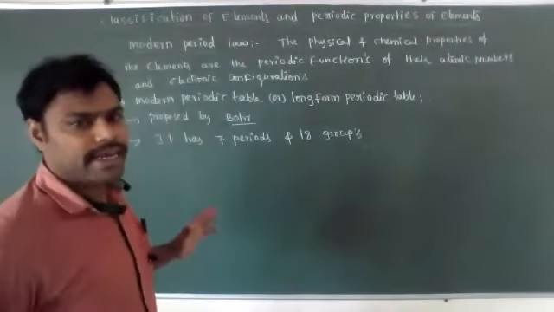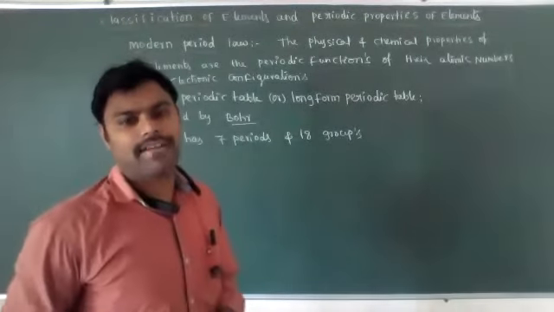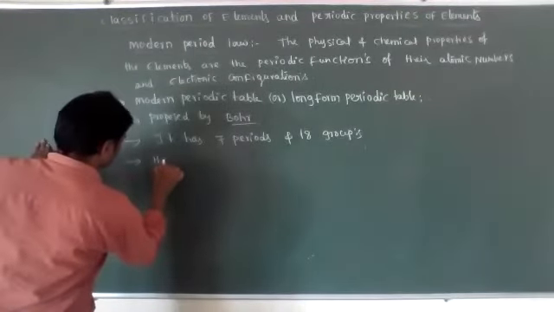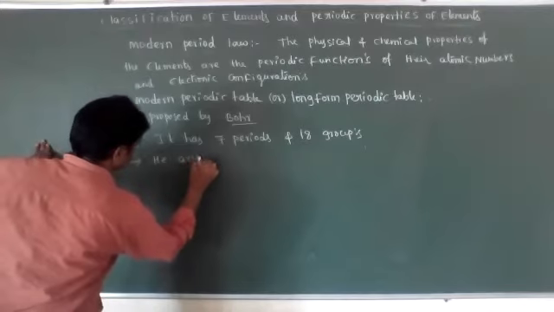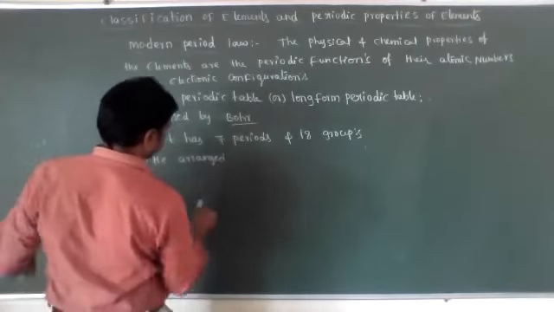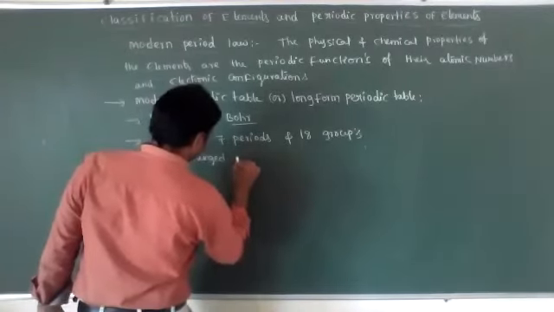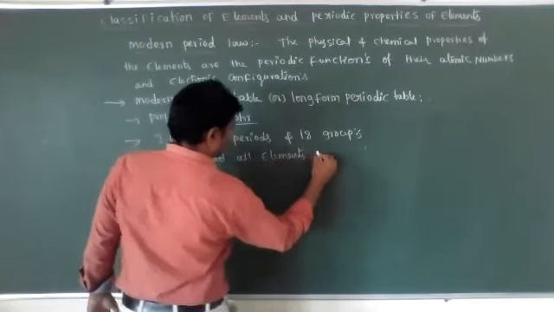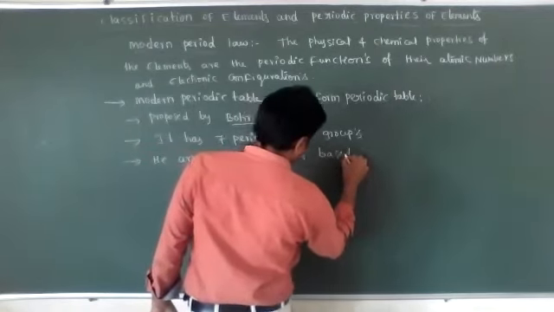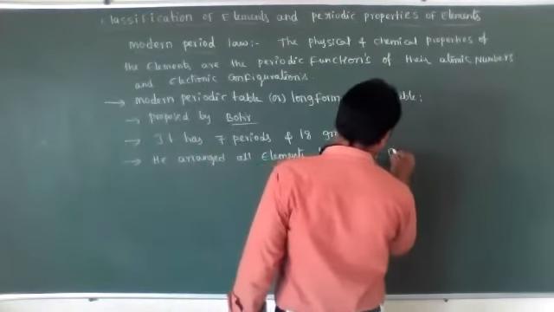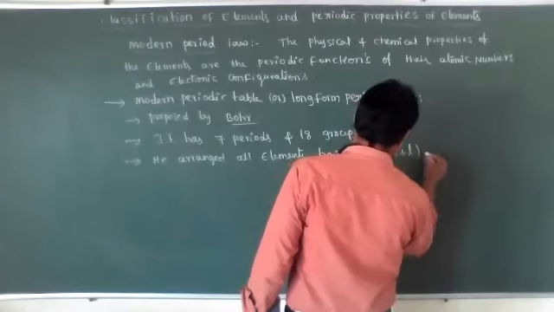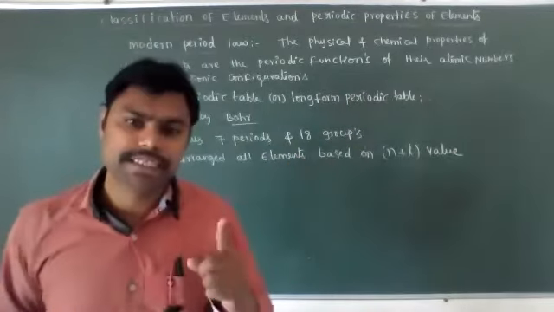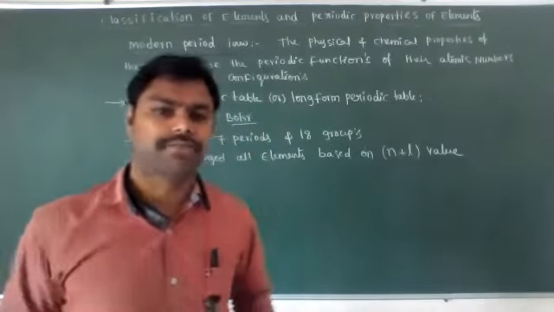All elements are arranged based on n plus l values. n means principal quantum number, l means azimuthal quantum number.